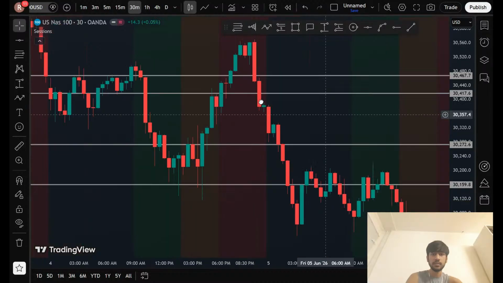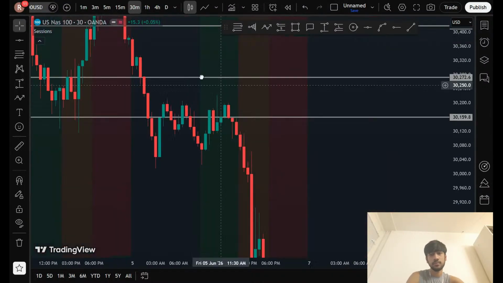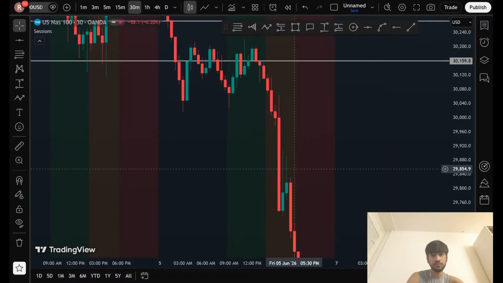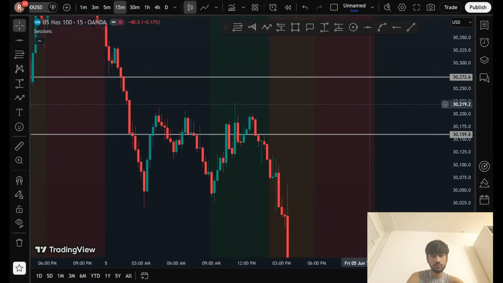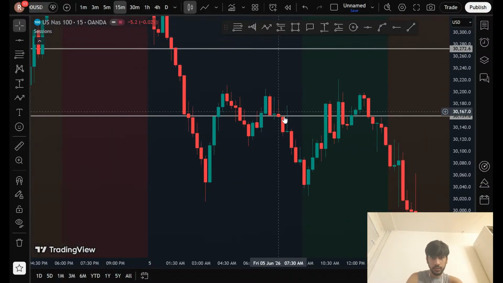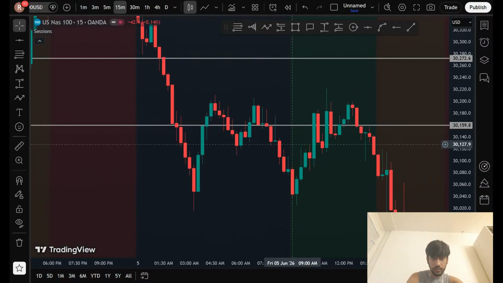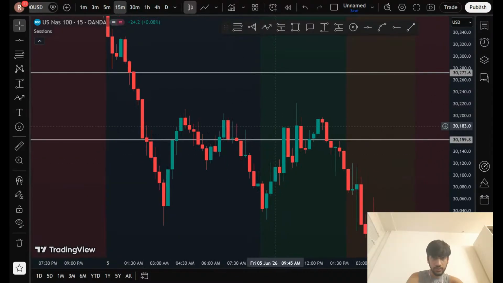I don't like this. If I don't like this, I don't trade. On this day, we came up, we consolidated. What's the trend? Nothing. If we even sell over here, no range, clean range.